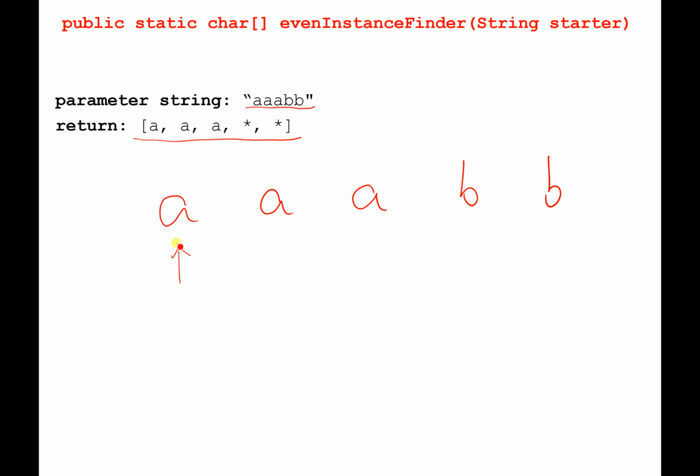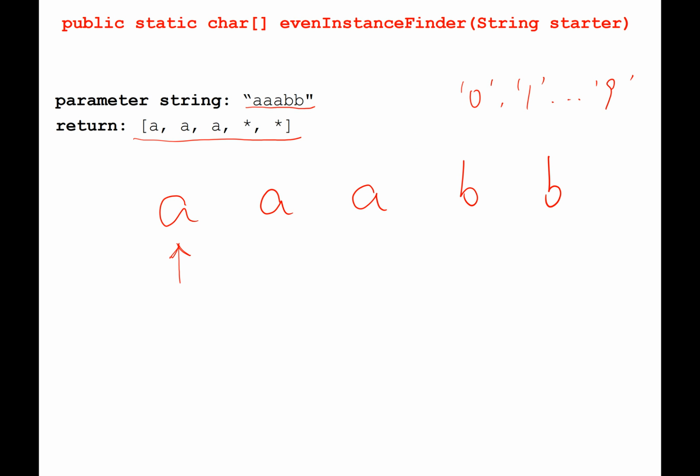So you basically look at this A, and how many digit characters occurred after A? Basically, digit characters 0, 1, all the way to 9. How many of those characters have occurred after the first A? Well, there's none.